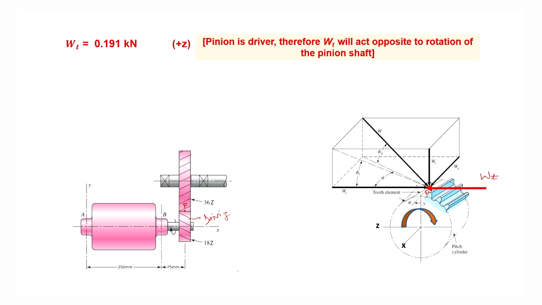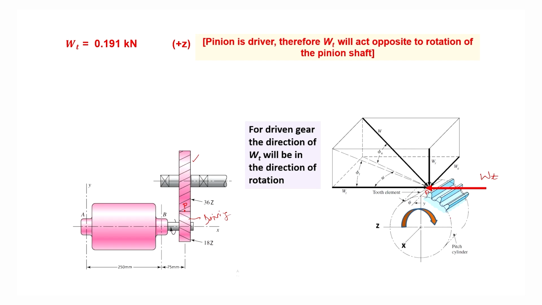Now, for the driven gear, the direction of Wt will be in the direction of rotation of the shaft.